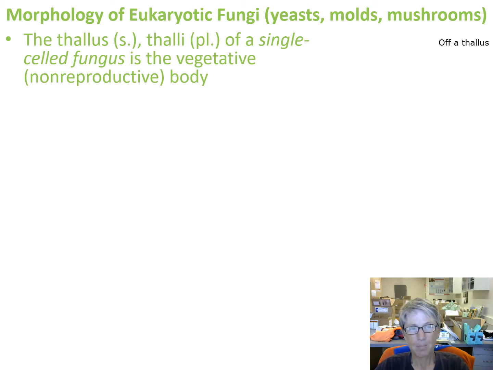Okay, a single cell, remember, a single-celled fungus is a yeast, and a yeast, if it's not budding, then the body of the yeast is called the vegetative body. That means the yeast is in a state where it's not reproducing.